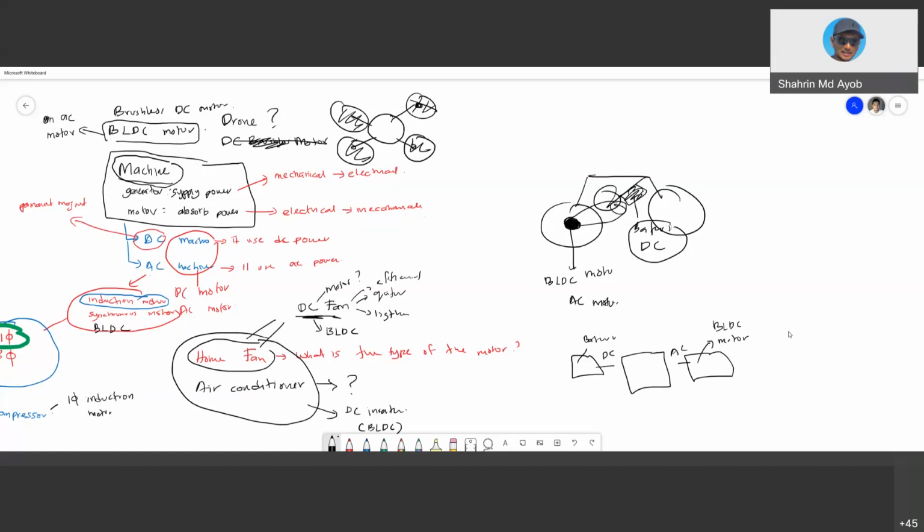So there is a system where power conversion is done. This is what we call an inverter. That's why for air conditioners, some of them, for example Panasonic, sell their air conditioner as a DC inverter motor, because it uses an inverter to convert the DC supply into AC power to supply the BLDC motor.